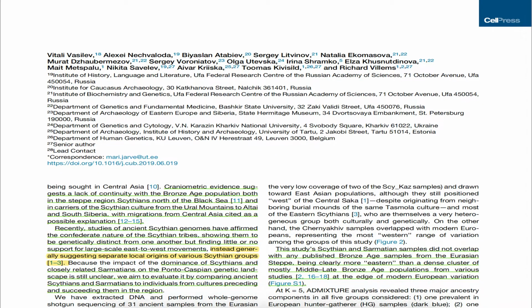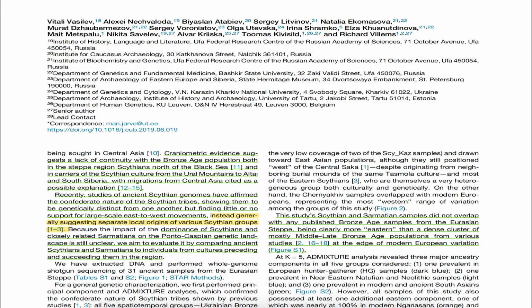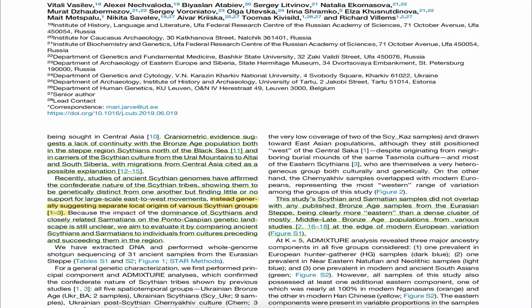It says craniometric evidence suggests a lack of continuity with the Bronze Age population, both in the steppe region, Scythians north of the Black Sea, and in carriers of the Scythian culture from the Ural Mountains, Altai and South Siberia, with the migrations from Central Asia cited as a possible explanation.